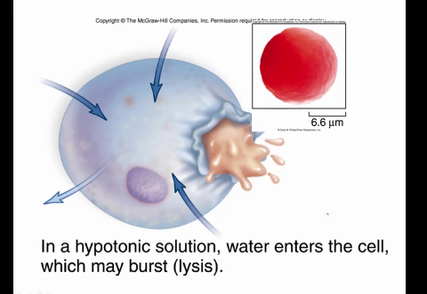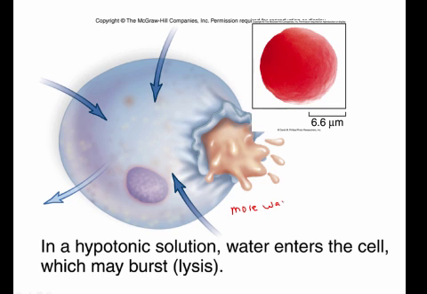However, if we place a cell in a hypotonic solution, remember hypotonic, the solution has a lower solute concentration than what is inside the cell. If it has less solute, then it must have more water than that is found inside the cell.